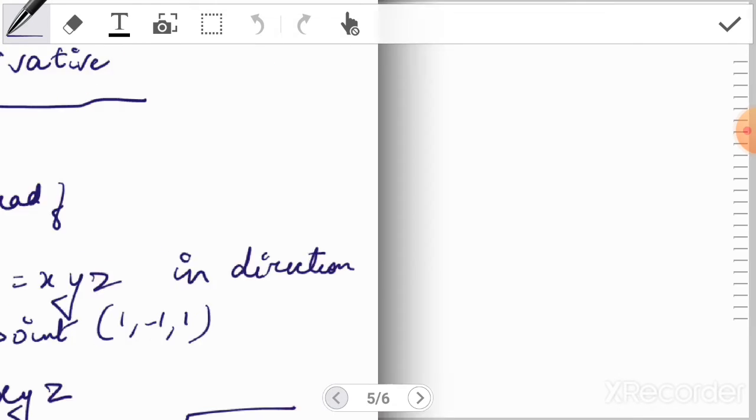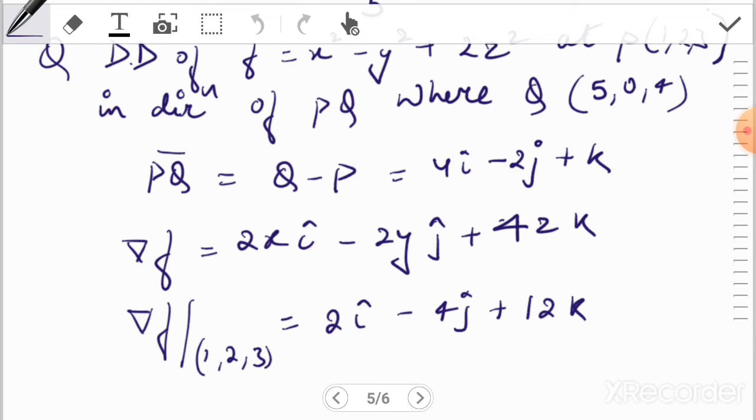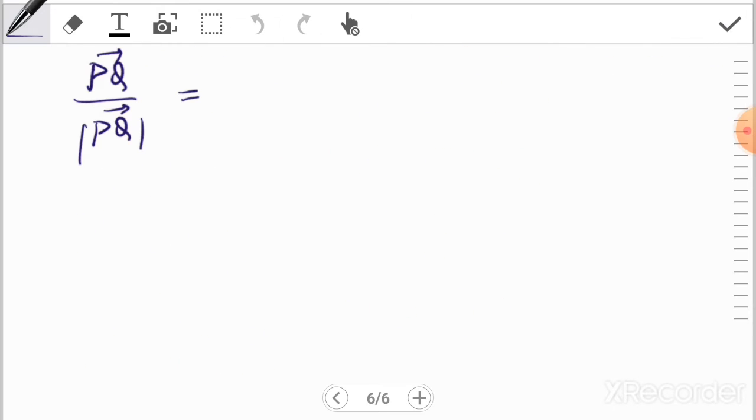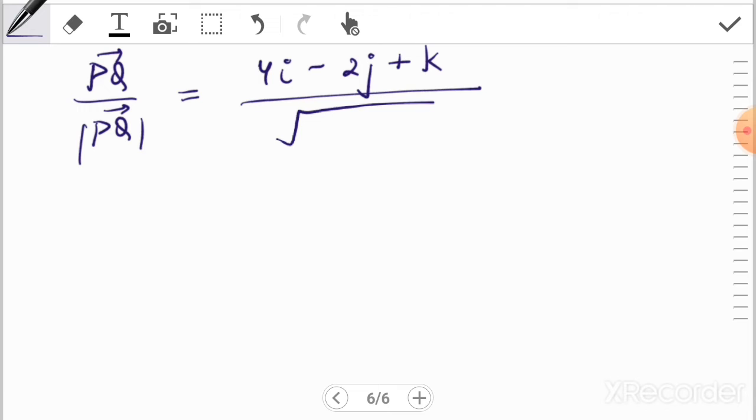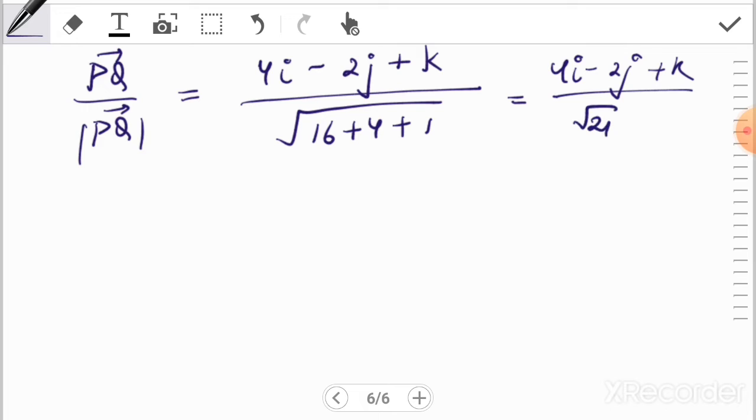PQ was 4i minus 2j plus k, divided by root under 4 square, 16, plus minus 2 square, 4, plus 1 square. So root under 21. So 4i minus 2j plus k by root 21. Right?